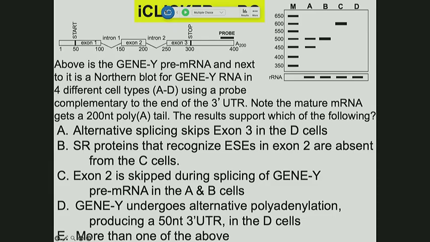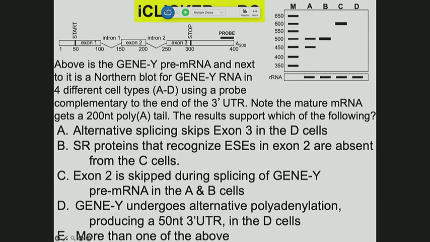All right, so this says SR proteins that recognize the ESCs in exon 2 are absent from the C cells. So if they were absent, what would happen to exon 2? It would get skipped, right? So if they were absent, you would skip exon 2. All right, if we skipped exon 2, what would be the size of our mature messenger RNA? 550?